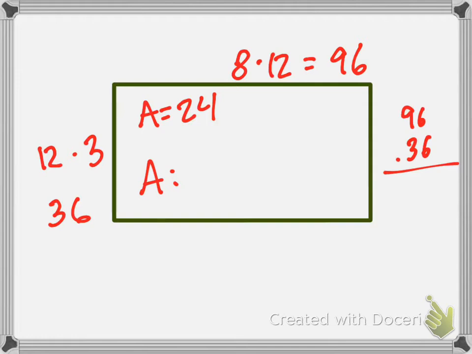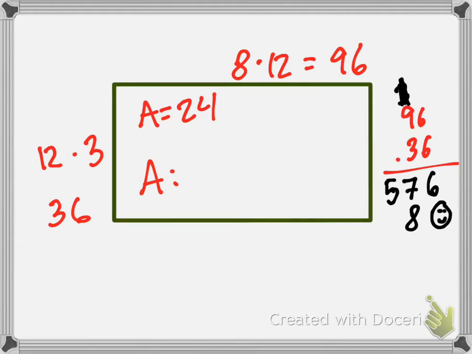So let's see when we multiply. What's 6 times 6? So we get a 6 here, we bring our 3 up. What's 6 times 9? 54 plus that 3 makes it 57. Magic 0. What's 3 times 6? 18.